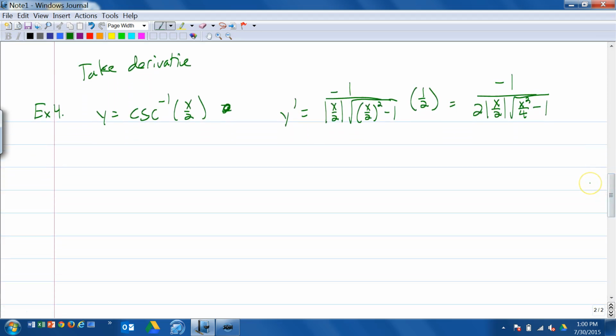And finally, if y is equal to the cotangent inverse of the square root of t, I'm going to rewrite this first because, again, square roots, I like to have fractional exponents.